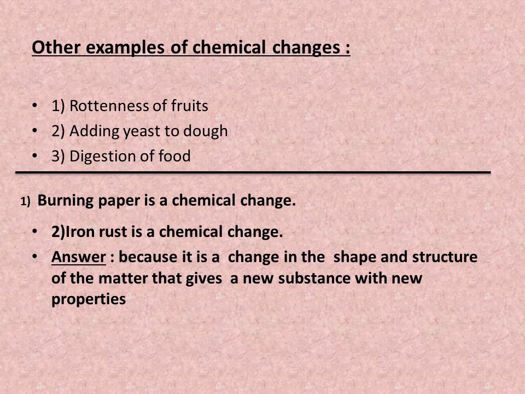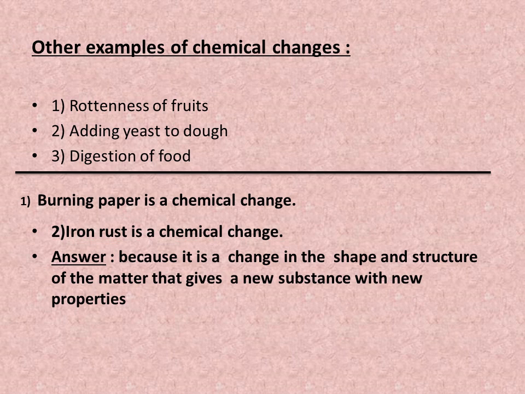Other examples of chemical changes: rottenness of fruits, adding yeast to dough, digestion of food. All of these are chemical changes because a new substance or new substances are produced with different properties. So it's a change in the shape and structure.